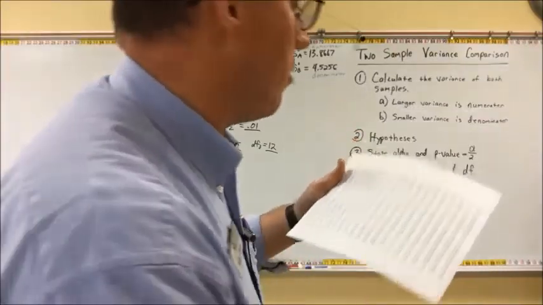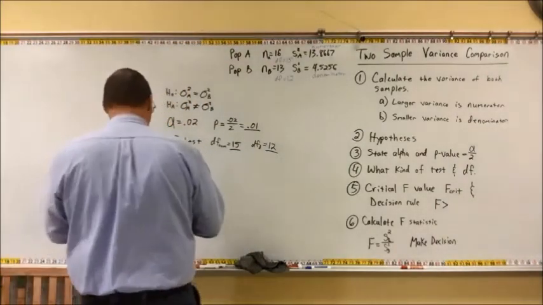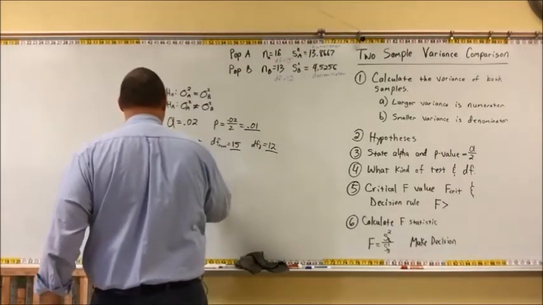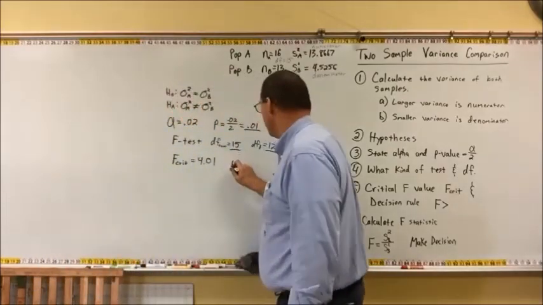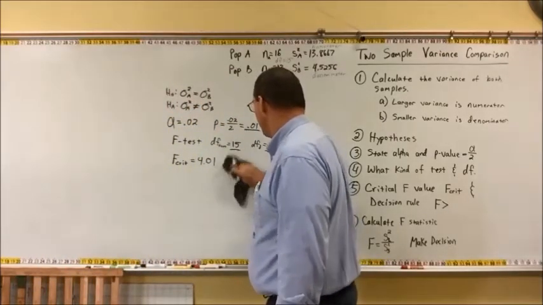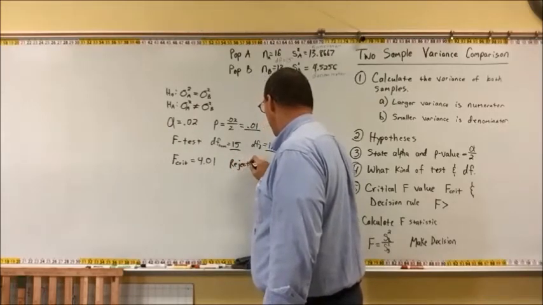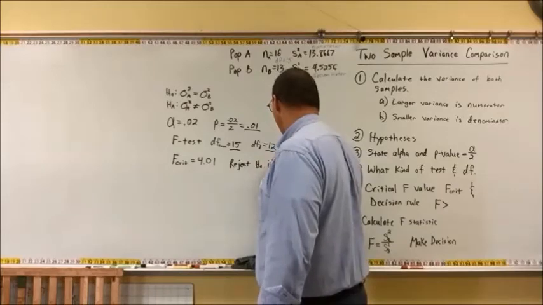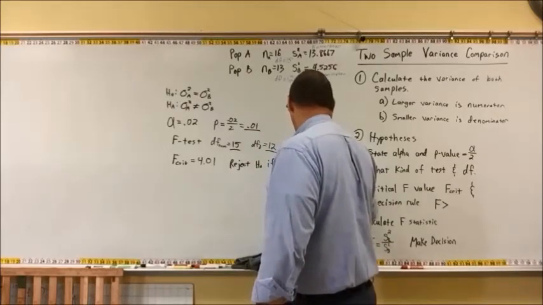All right, so F crit is 4.01, and so our decision rule is reject H sub O if F is greater than 4.01.